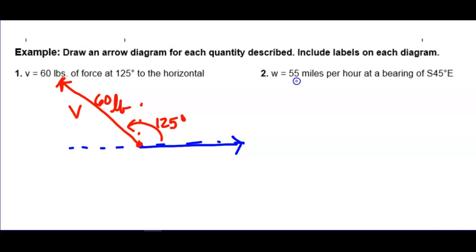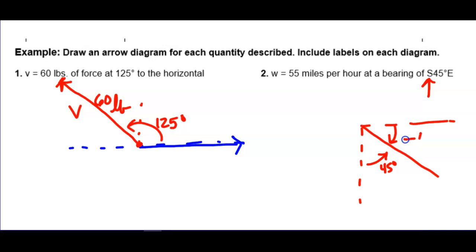W is a vector that goes 55 miles an hour at a bearing of, now, we did bearings a couple weeks before Christmas, in the Law of Sines and Cosines chapter. Off of south, this one goes 45 towards the east. That means this is 45 degrees, but we measure everything off the positive x-axis. Well, this is also 45, but it's actually in a negative direction.